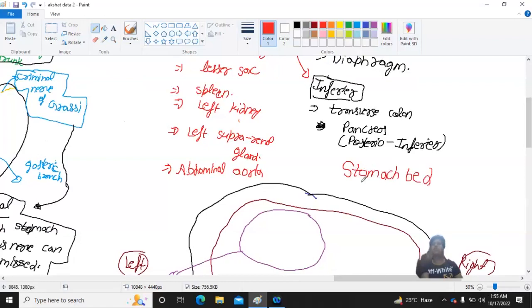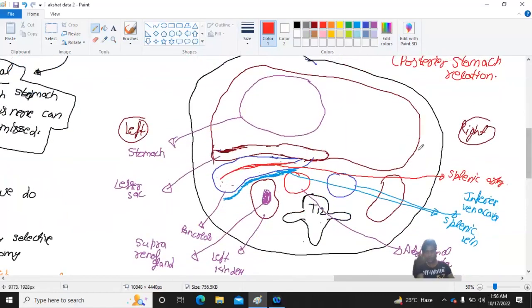Stomach bed is basically the posterior relations of the stomach. Posterior stomach relation. Done. So this is the stomach bed.